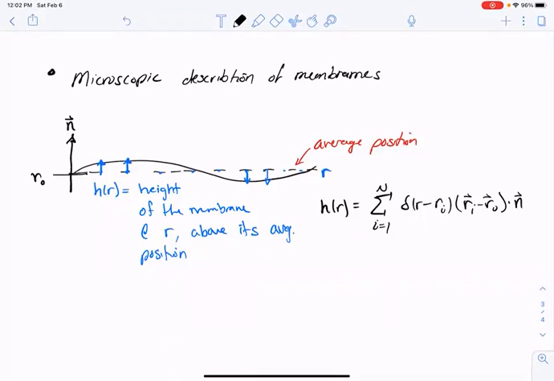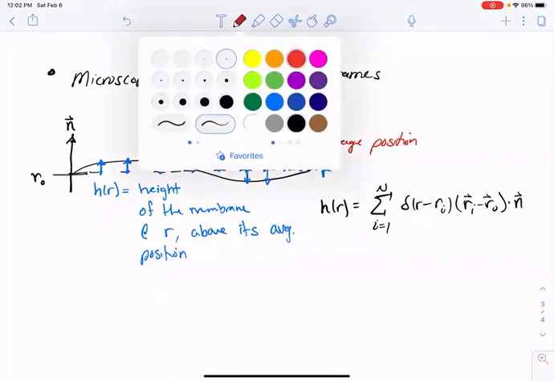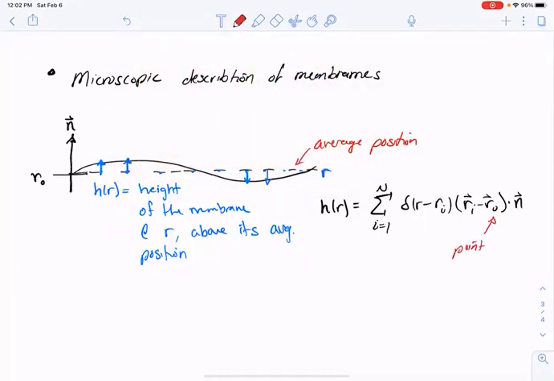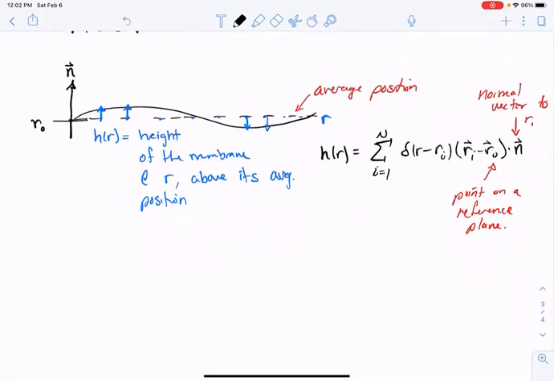That then lies orthogonal to the reference plane. This construction, the way I've outlined it here, would say that on average, the height above its reference could be defined by some h of r, here set to 0.